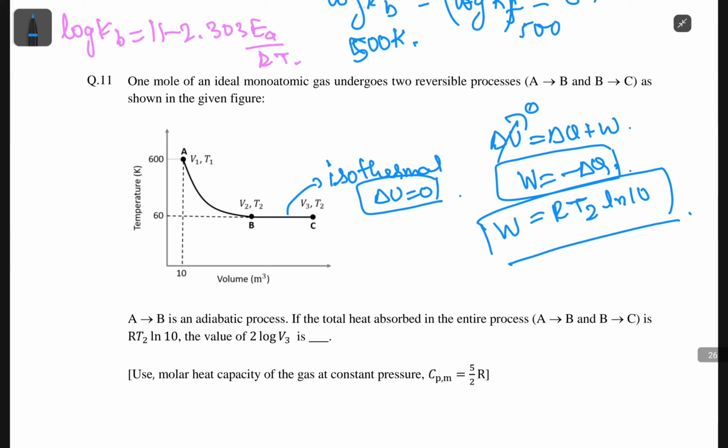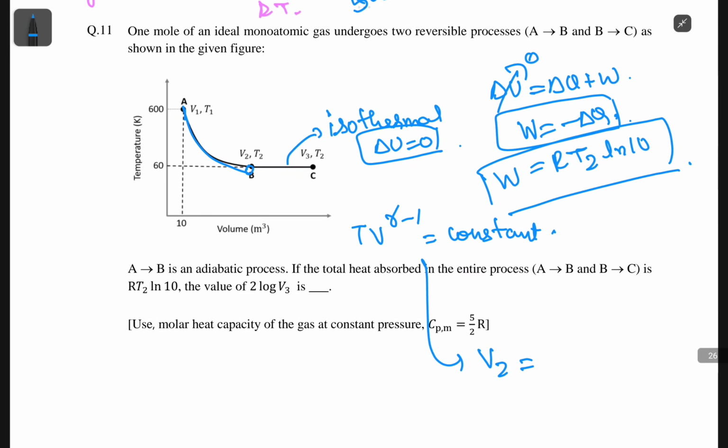And if we want to find this, I can find the relation between V2 and V1 by using TV power gamma minus 1 is equal to constant. And once I do that, I should get V2 is equal to, what should we get? Gamma is given to be 5 by 3, right?